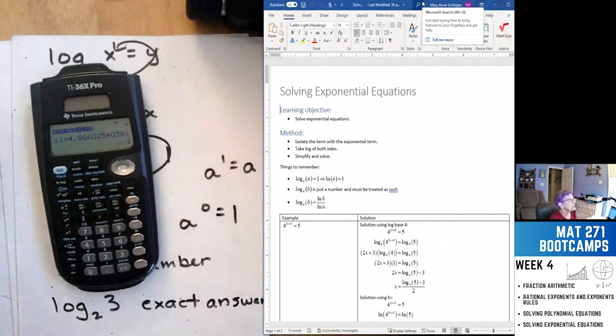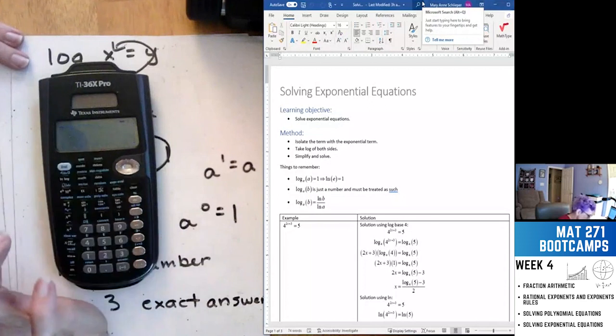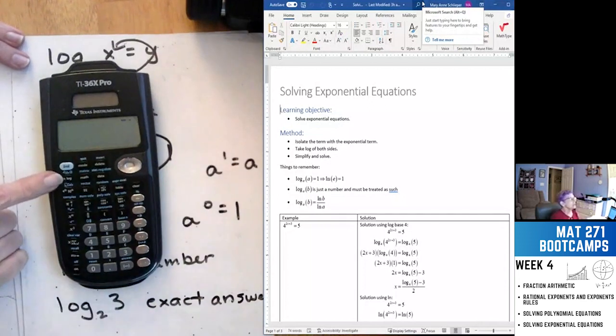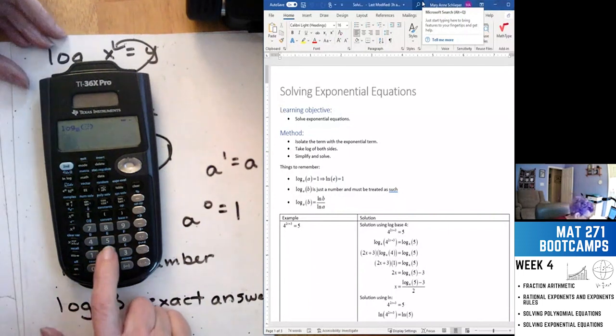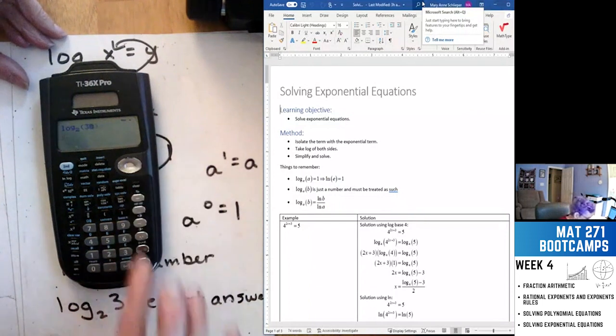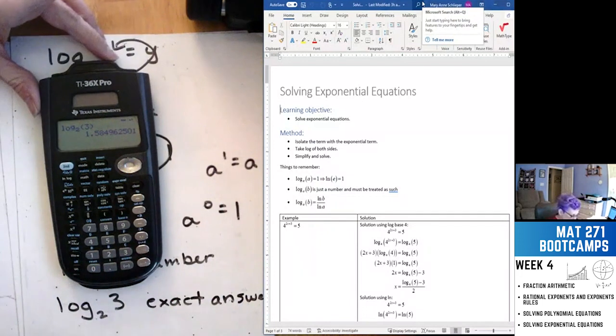If you plug log base 2 of 3 into your calculator, you hit this log button 3 times, and then that little subscript appears, and you can put 2 in there and get a long decimal number, 1.58496.